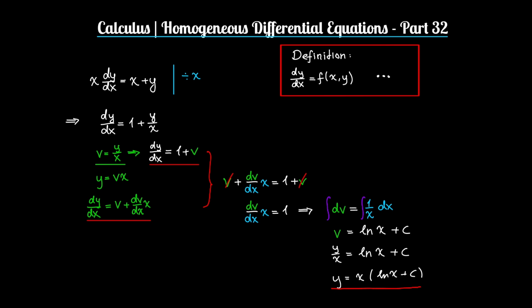And here we have managed to solve this differential equation, which originally was inseparable, and then we used a substitution. Whenever we use a substitution like this, v equals to y over x, the differential equation is going to be called a homogeneous differential equation.